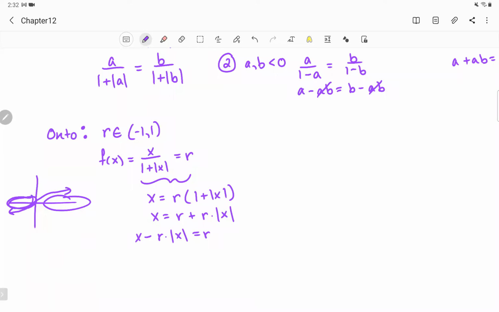You guys see that? Okay, so case 1: r greater than or equal to 0. I'm going to use a positive x for that. So we are going to take x minus rx equals r. x equals r over 1 minus r. I skipped some algebra there, but it's one step: factor out the x and divide.